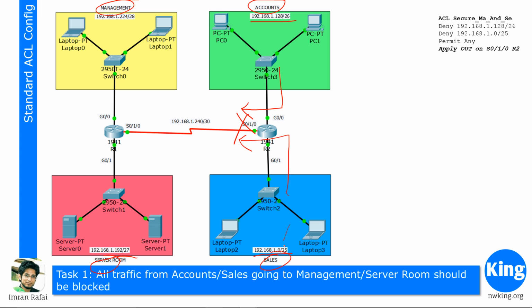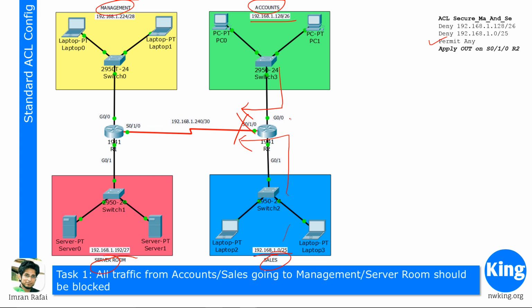So we're saying deny this entire network and deny this entire network, and permit any. Why did I have this permit any? Like we discussed, without that everything will get denied because there is an implicit deny at the bottom. So we're saying everything else should be permitted, but in this case there's nothing else on this router. These are only 2 traffic, but don't worry, because that's how we do it. So we say permit any.